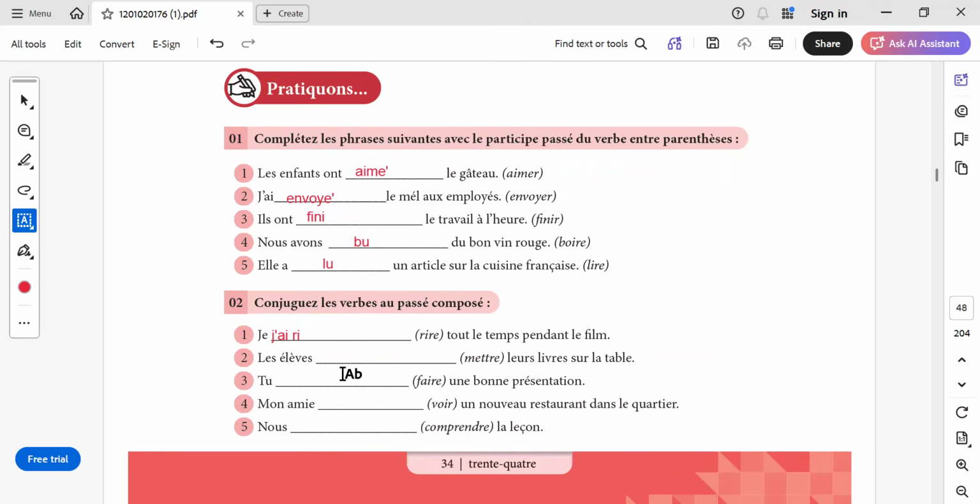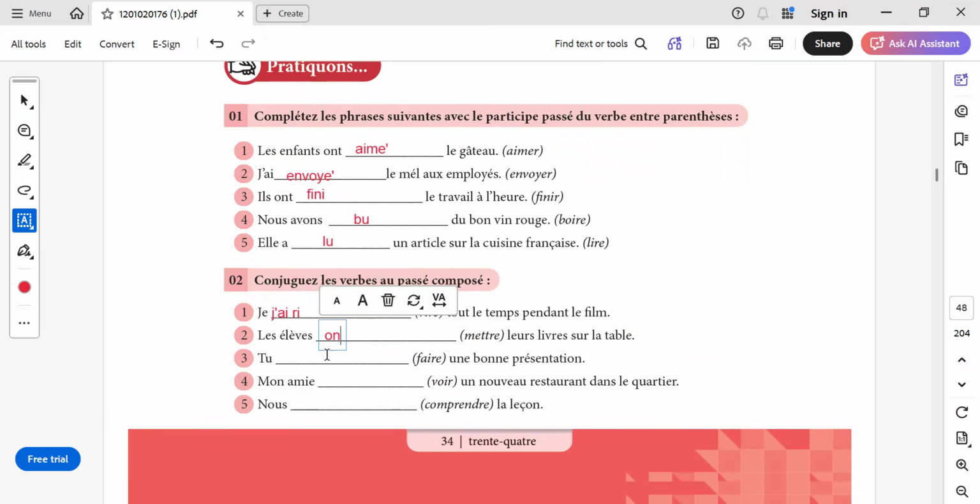Les élèves mettre leurs livres sur la table. So, les élèves ont mis. Again, this one, mettre is irregular. Participe passé is mis. Les élèves is what? Third person, plural. So, les élèves ont mis leurs livres sur la table.